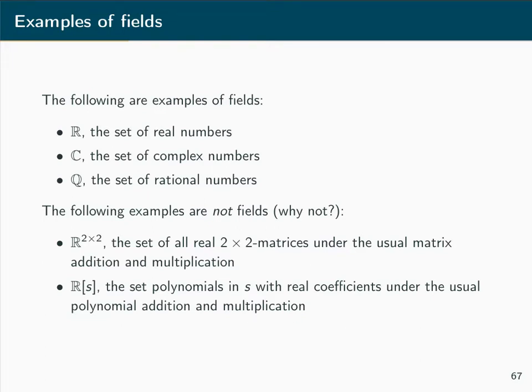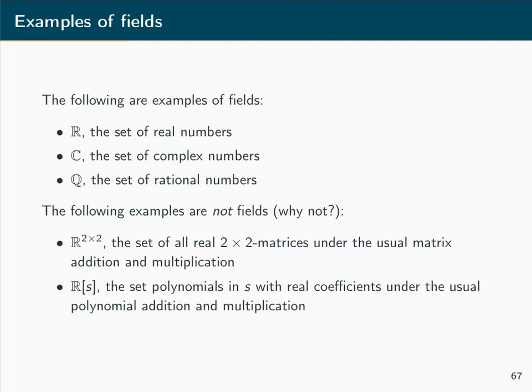It's a good exercise to pause this video now and take a moment to think about why these two are not fields. To see this, of course, you have to go through all the points in definition 4.1 and check whether they are satisfied for these two examples.